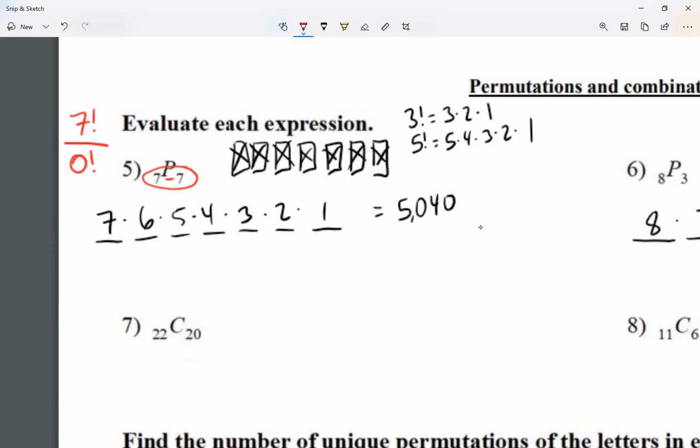Now, I cannot divide by 0, but I can divide by 0 factorial. 0 factorial is 1. 1 factorial is also 1. So this is 7 factorial divided by 1.